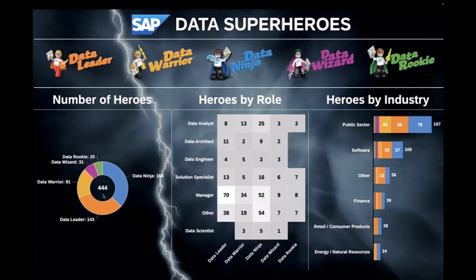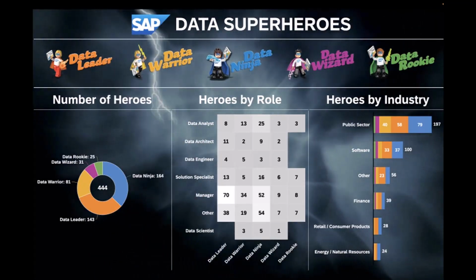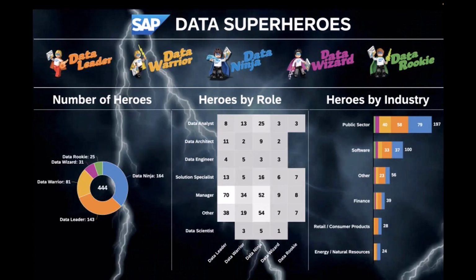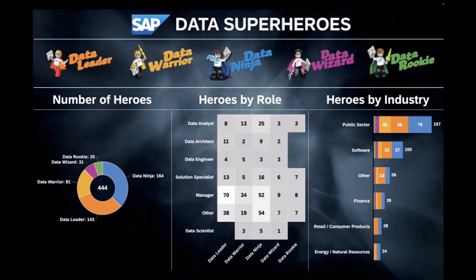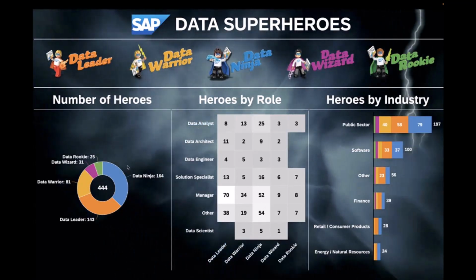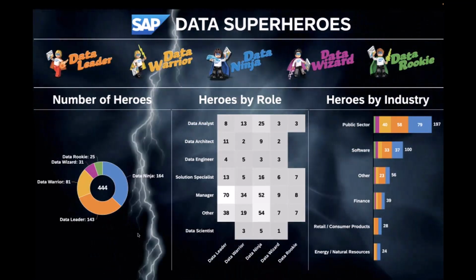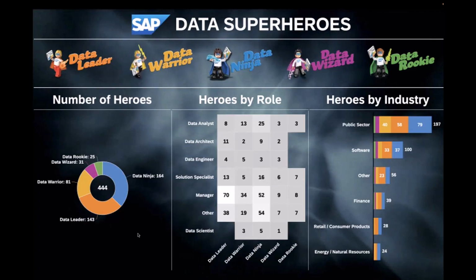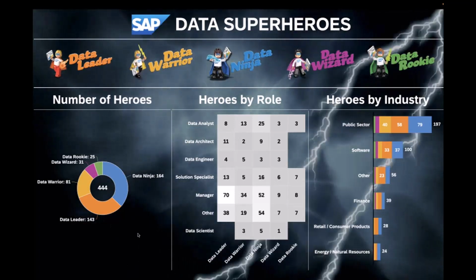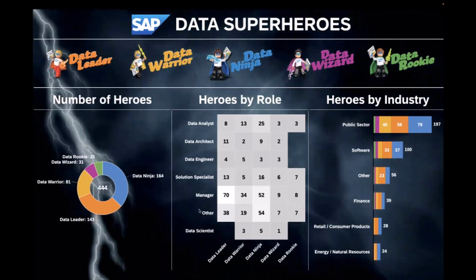For example, in this case, seeing as we have a personality test and not some customer data, we're quite limited in what we can display, but we can show the different personality types and a count of each of those. So we can see we've got a lot of data leaders, data ninjas, data warriors, and the other two types are not as represented.